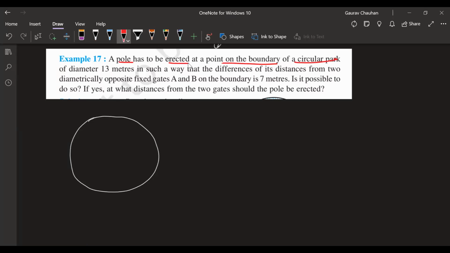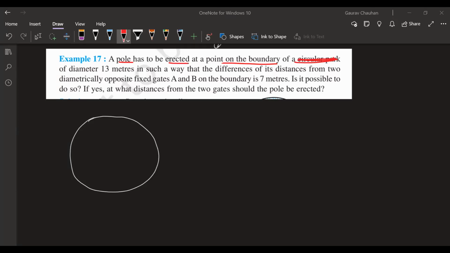So I know that my shape is circular. One circle has to be there for sure. I have drawn the circle. Circular park I have incorporated. Now let me reread the same line. I'm not going ahead. That's okay, Dikshit.